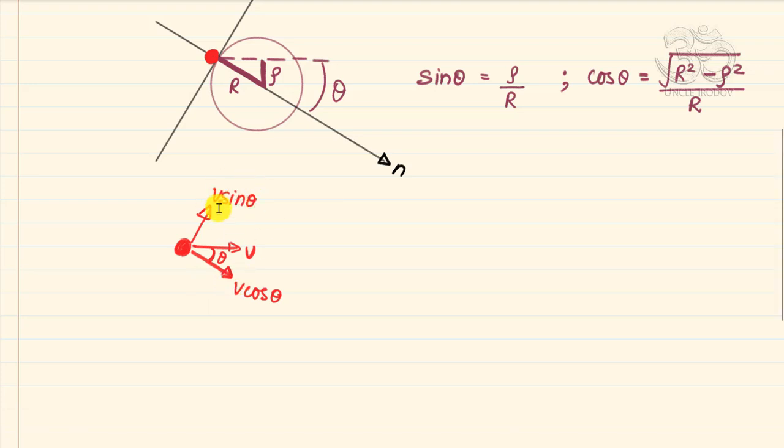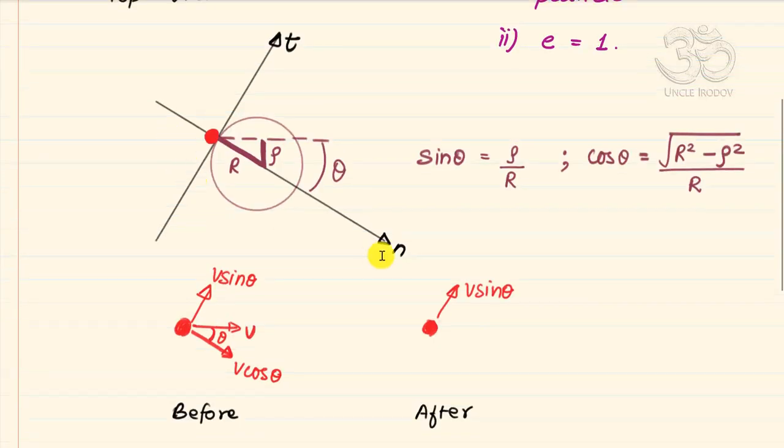So I know that v sin theta should be unchanged. This entire thing is the situation before the collision, and after the collision v sin theta is unchanged. So this particle should keep on moving along the tangential axis with v sin theta, and for all practical purposes along the normal axis I can treat it as a one-dimensional collision.